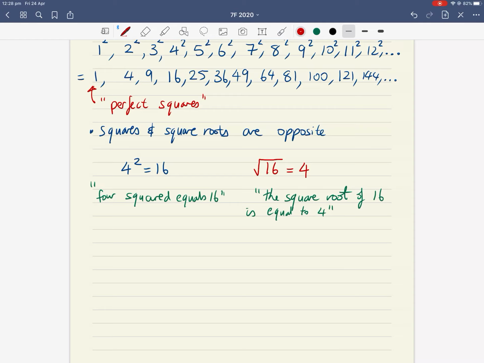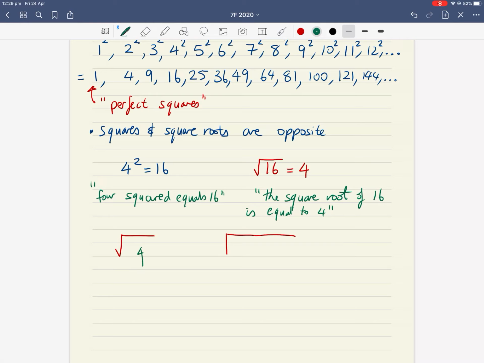So we pronounce this as the square root of 16 is equal to 4. Now, be careful in your square root sign. It kind of does look like your division symbol, say you're dividing 14 by 5 or something, but it's not. See how here I've got a little tail at the left side of my square root sign? That tail is very important. So this is square root sign. This is division symbol. Okay, so be careful.